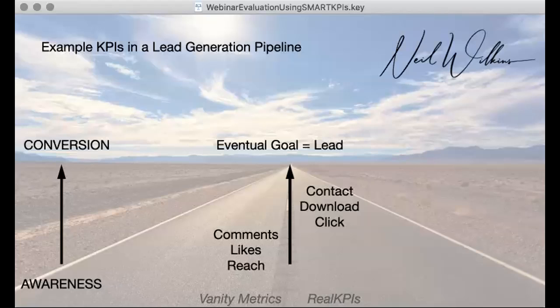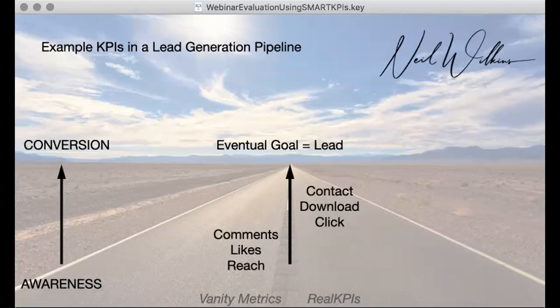But we do need to be careful here. When we start to begin to think about these KPIs and the ones that we're going to put in, I'm going to talk now about, say, for example, because this is a very easy one for you to think through. Imagine you're creating a pipeline of activity to encourage people from the awareness stage in their journey with you.